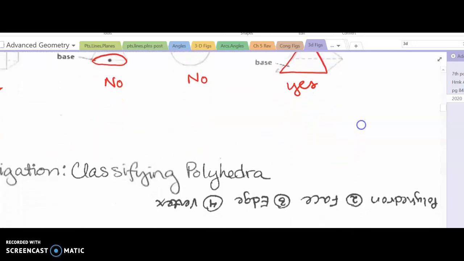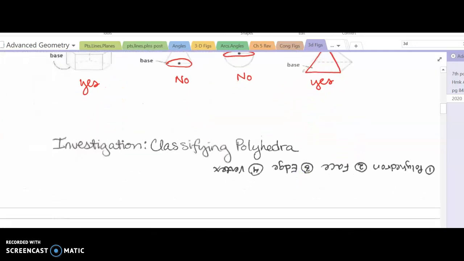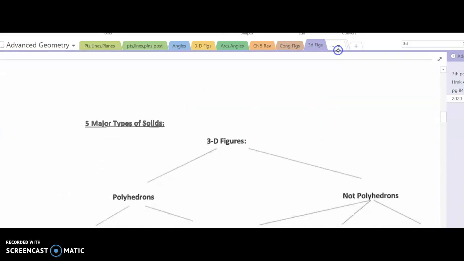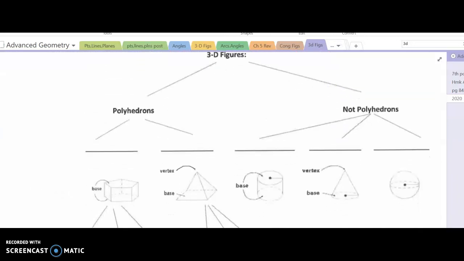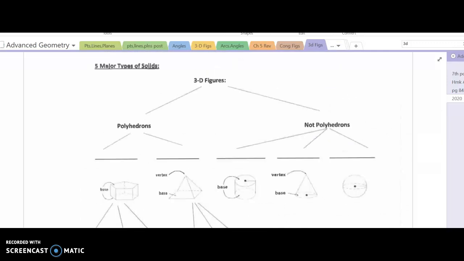Alright, so you watched the video with Emily and I where we classified the polyhedron. Let's talk back through that classification philosophy. As you may recall, Emily and I split up those three-dimensional figures into polyhedrons, which have flat polygon sides, versus these guys that have circles.